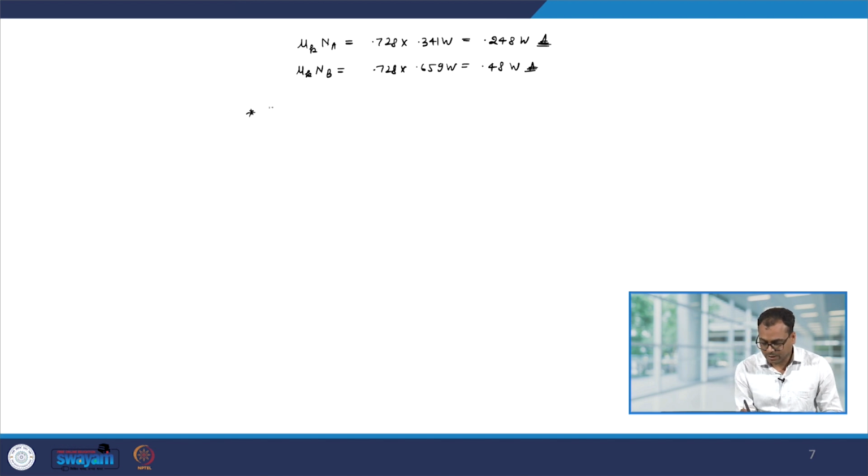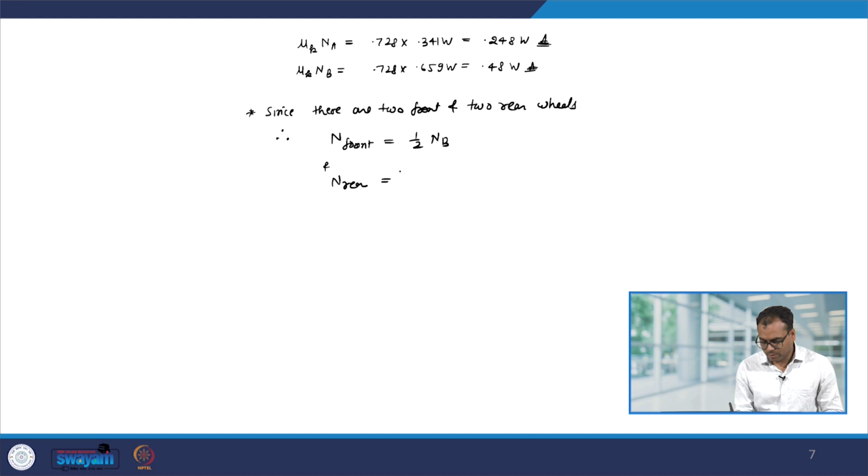So, let me just write down, since there are 2 front and 2 rear wheels, therefore, N front will be half of NB and N rear will be half of NA.